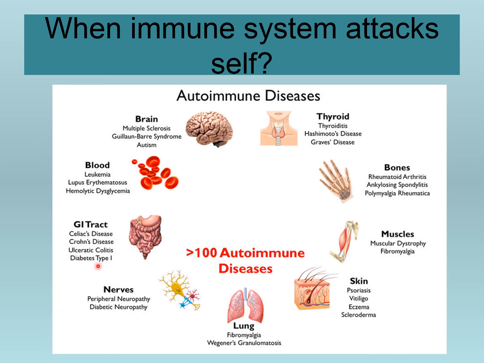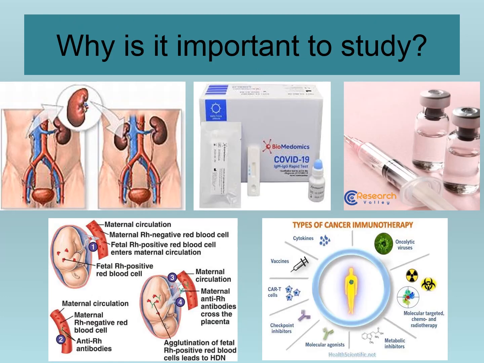For example, in type 1 diabetes, autoantibodies damage the pancreas. The study of immunology helps in different fields of medicine like tissue transplant, diagnosis of disease, prevention of disease via vaccination, blood transfusion and pregnancy immunology, and treatment of cancer via immunotherapy.